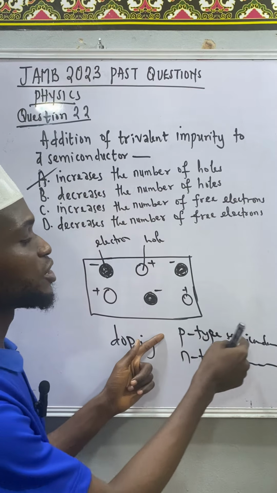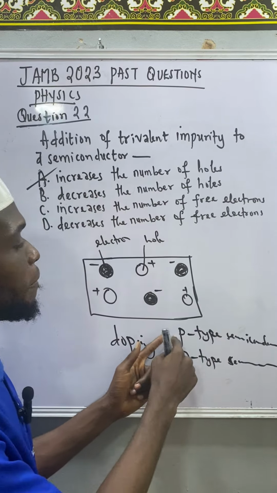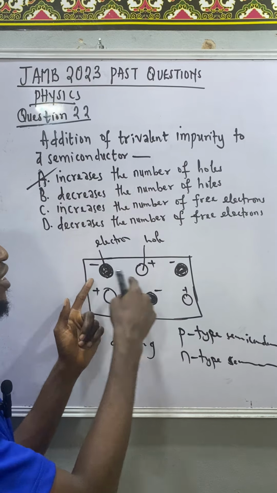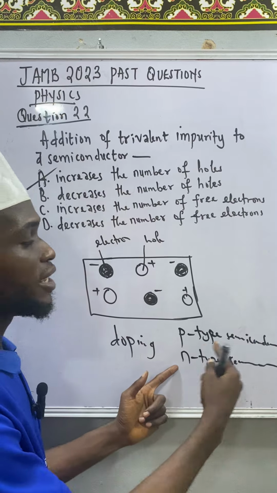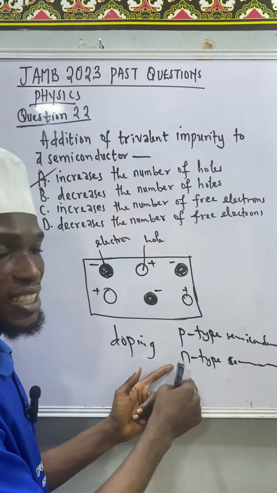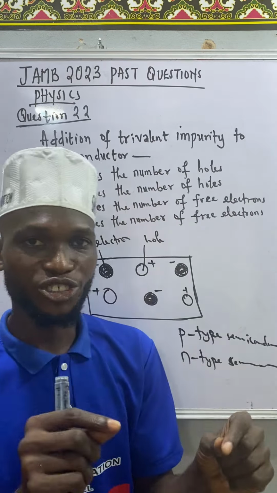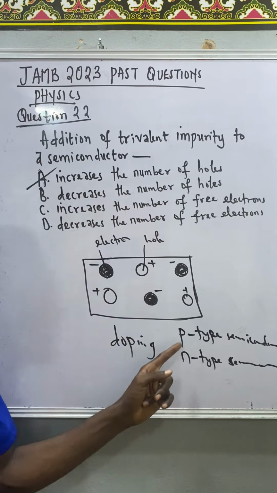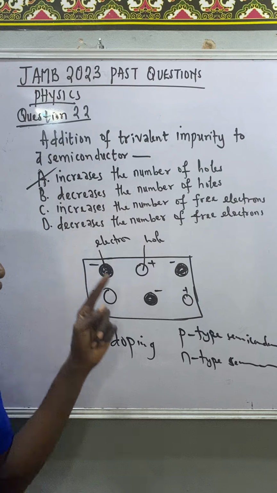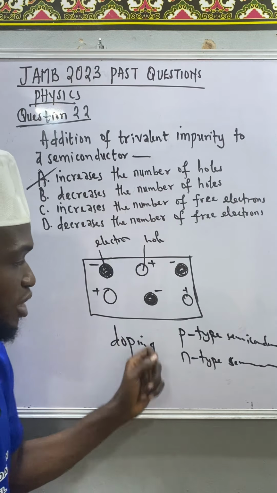Now, the P-type semiconductor has more holes than the electrons, while N-type semiconductor, which is negative, has more electrons than the holes. Now, how do we achieve P-type semiconductor and how do we achieve N-type semiconductor?